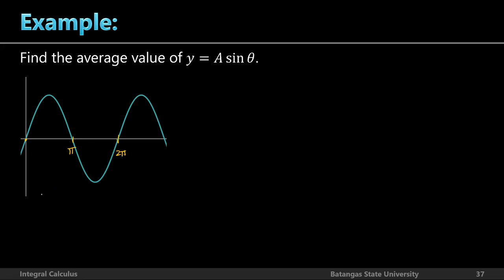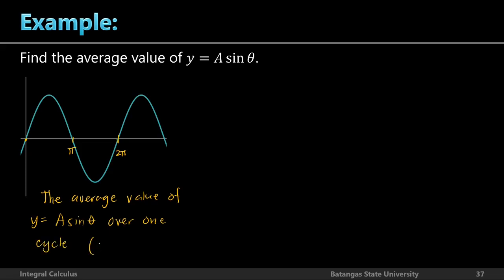So, therefore, we can conclude here that the average value of y equals a sine theta over 1 cycle, which is from 0 to 2 pi, is 0.